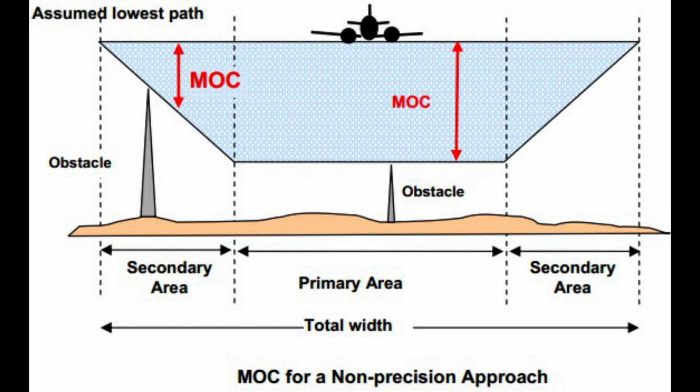All published routes in the NAS are based on specific obstacle clearance criteria. An understanding of en route obstacle clearance areas helps with SA and may help avoid controlled flight into terrain, CFIT. Obstacle clearance areas for the en route phase of flight are identified as primary, secondary, and turning areas.